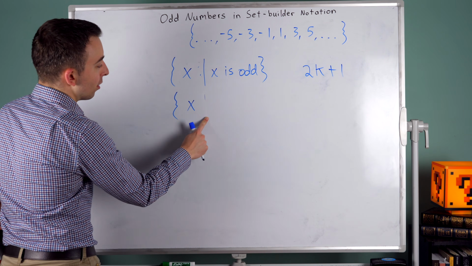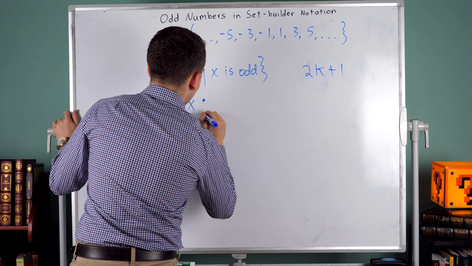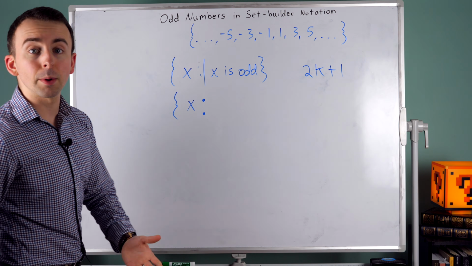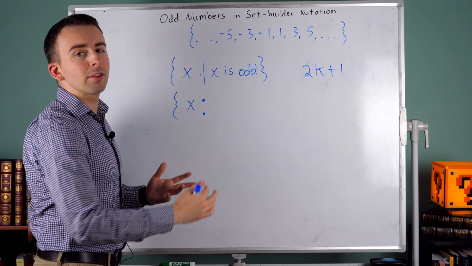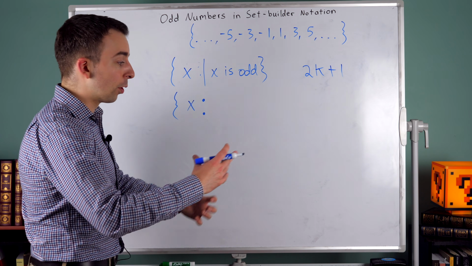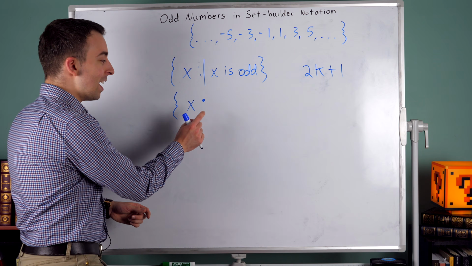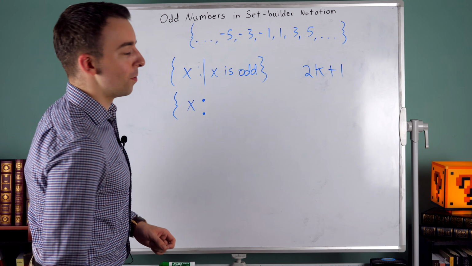And instead of writing this bar to separate x from the condition, let me write the colon, these two dots, just to give you an example of that. I actually prefer this notation, personally, but you can use either one. If you're going to be using absolute value bars in your set builder notation, this is probably the one you're going to want to use.